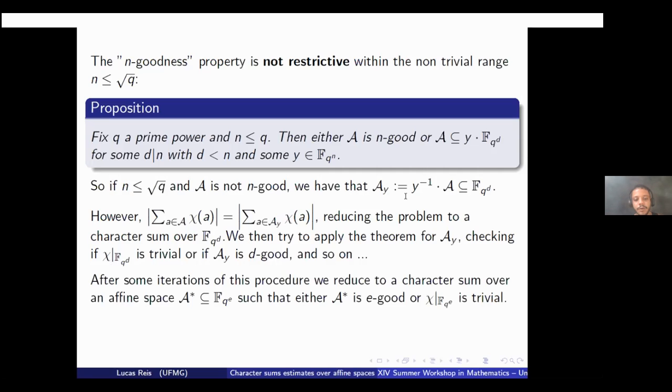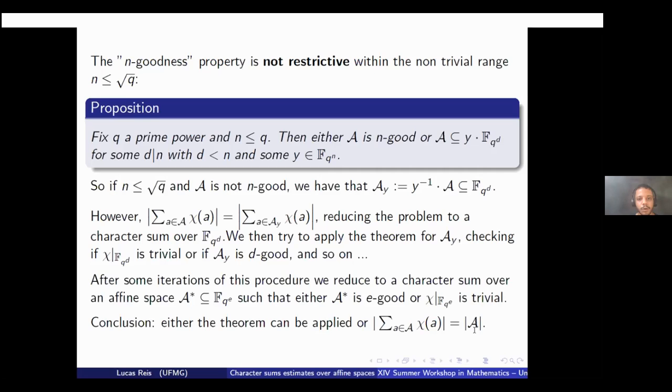After some iterations, we reach, at some point, an affine space A star, with the same character sum when taking the modulus, contained in a subfield F_Q^e, such that either A star is e-good or this restriction is trivial. In conclusion, either we can apply the theorem initially or we indeed have this equality, so the character sum actually reaches the trivial bound, which is its size.